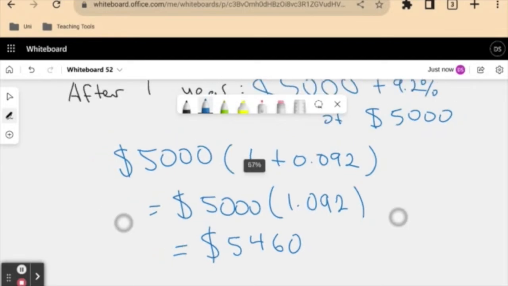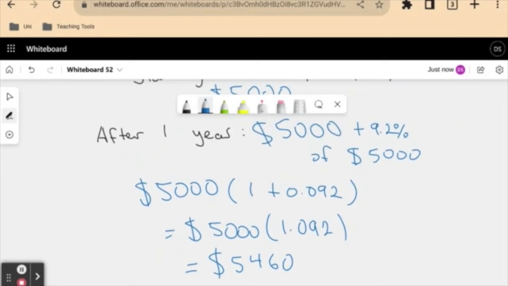Now, this is where compound interest is different because remember we said that compound interest is the interest on top of interest, pretty much. We take into account the principal amount as well as the accumulated interest from the previous years. So it's interest on interest, essentially.